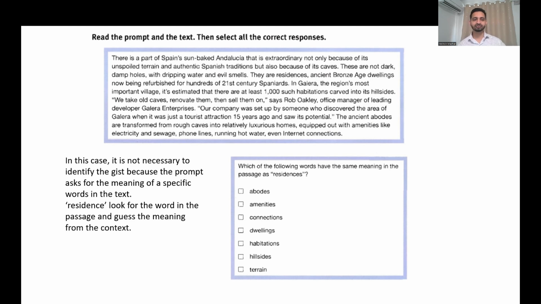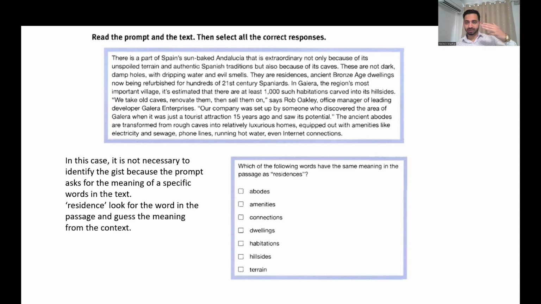The ancient abodes are transformed from rough caves into relatively luxurious homes. It's mentioning that abodes where people live are transformed from rough caves into relatively luxurious homes. Now they are built as luxurious homes. So abode is also being used as residence, isn't it?